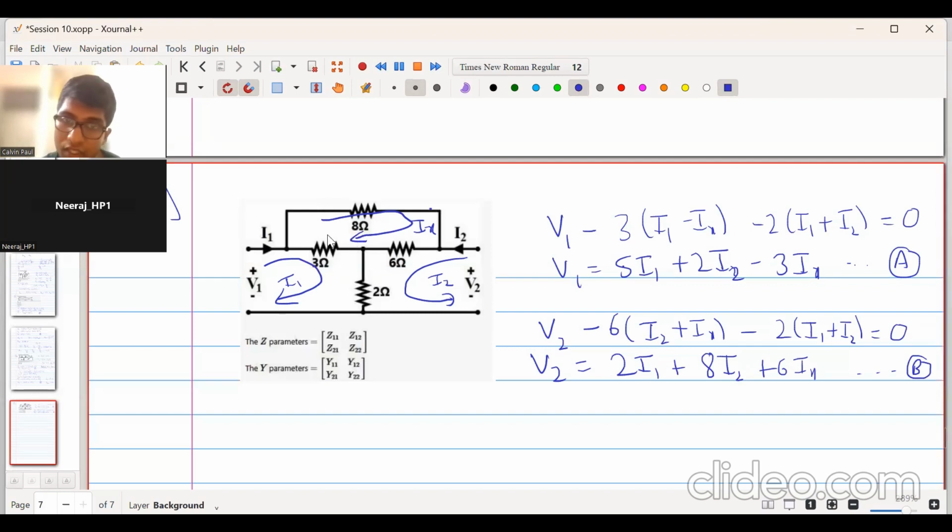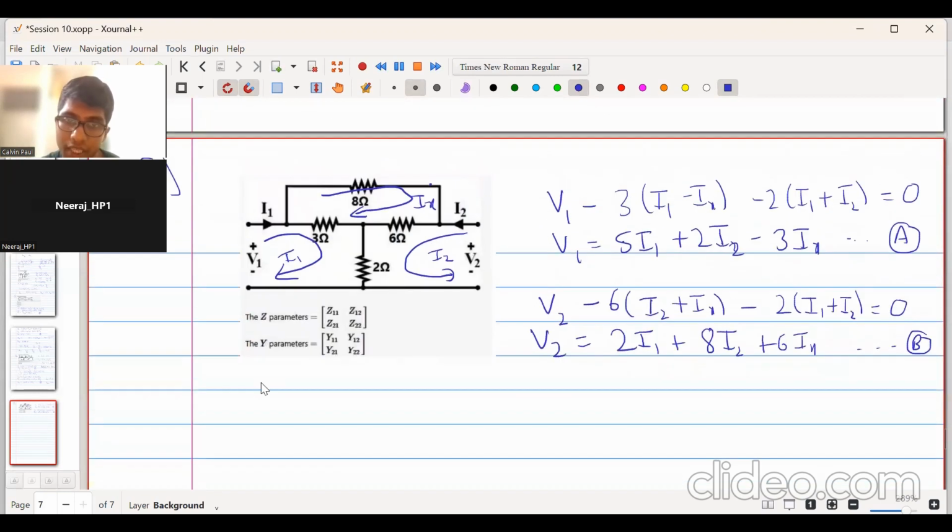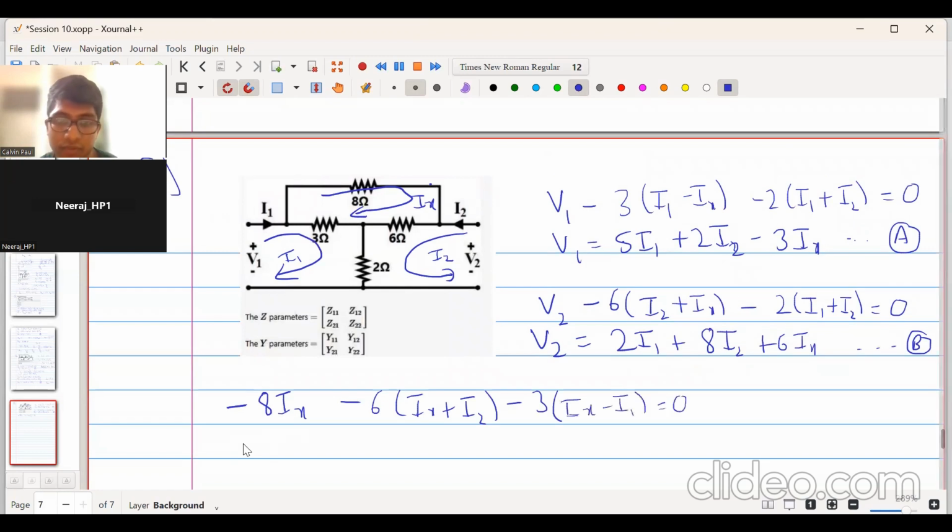So now we will apply KVL in loop 3. When we apply KVL in loop 3, what we get is minus 8 into Ix, because it's a drop across the resistor, and the drop across this 6 ohm resistor is minus 6 into (Ix plus I2), minus 3 into (Ix minus I1), is equal to 0.